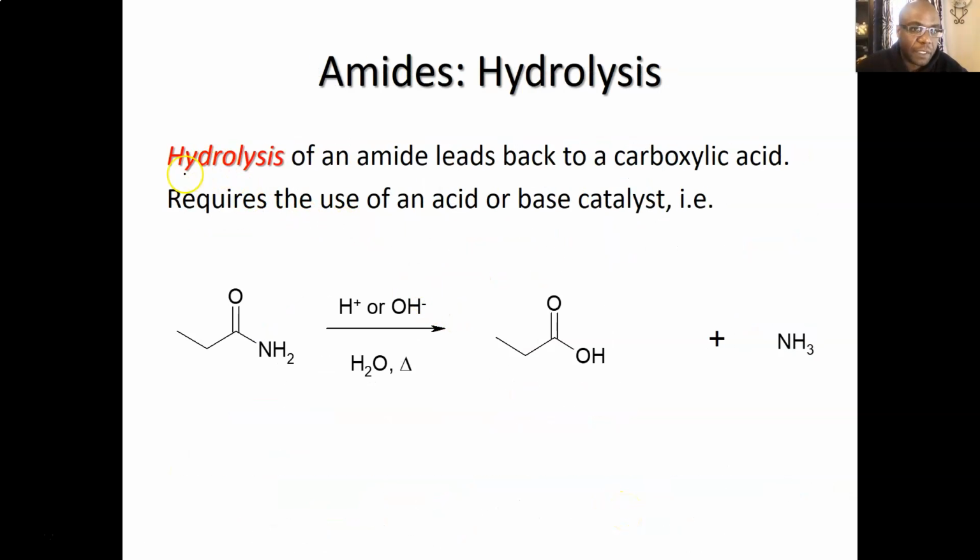Okay, like esters, amides can be broken down with the help of water. So again, you're simply going to lose the NH2 and it's going to be replaced by OH. Let's go with our shortcut.